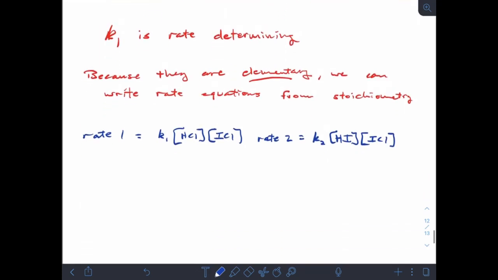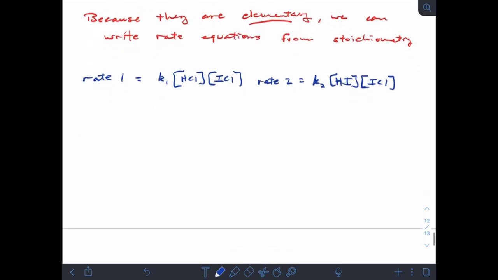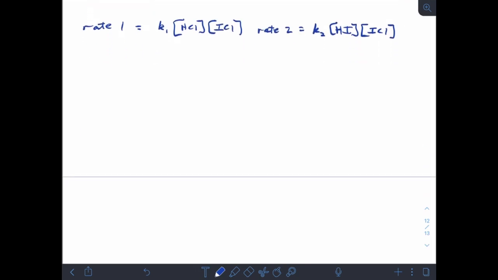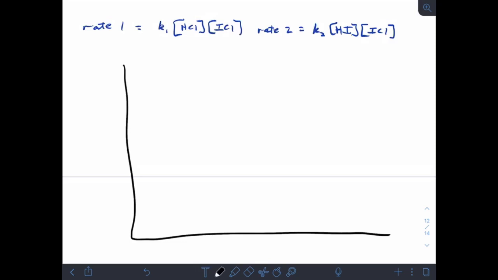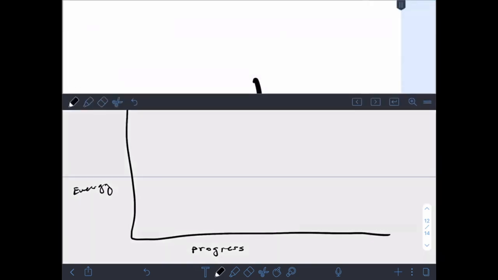So let's take a look at what a reaction progress graph would look like. We did this with our collision theory and our transition state theory. But we have 2 reactions going on here, right? So let's take a look at what a graph of that would look like. Right, so if we have our progress on the x-axis and our energy on the y-axis, this reaction is going to have this form.